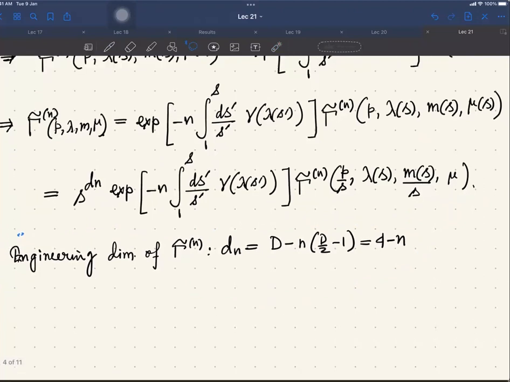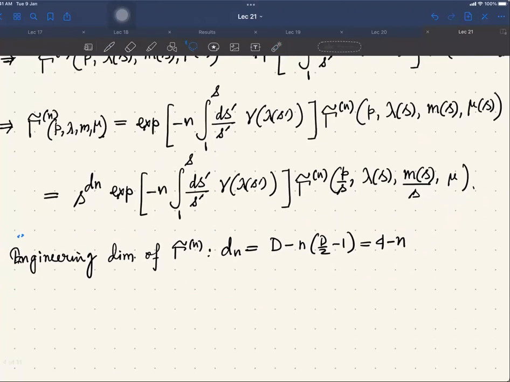But now notice comparing this quantity on the left hand side and this on the right hand side, you are actually scaling the engineering or the kinematical quantities like p and m mass parameters by a factor of s, which is supposed to give you s to the power dn, but there is another contribution here, and you can interpret what that is if you take gamma to be constant.